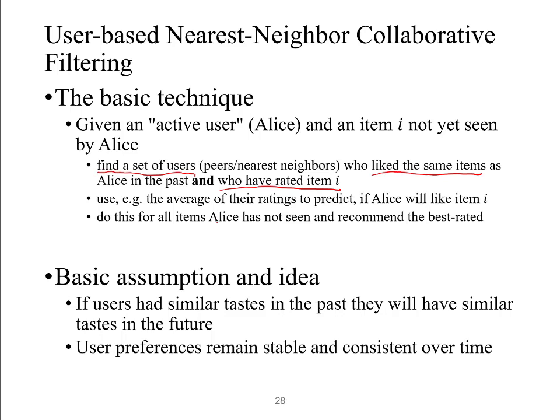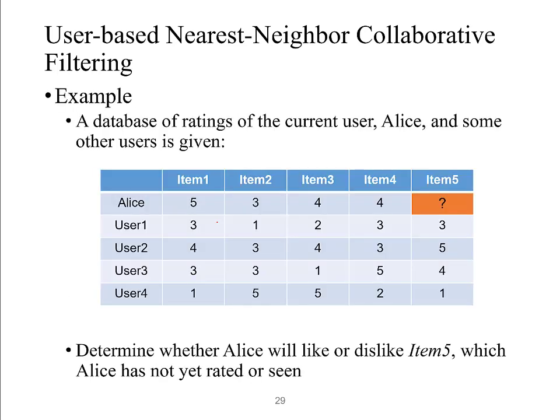Otherwise, it is meaningless to find those users who liked the same items as Alice, because Alice's tastes could change, these users' tastes could change. So there's no point in using this to estimate Alice's rating for item I. So let's look at an example here.